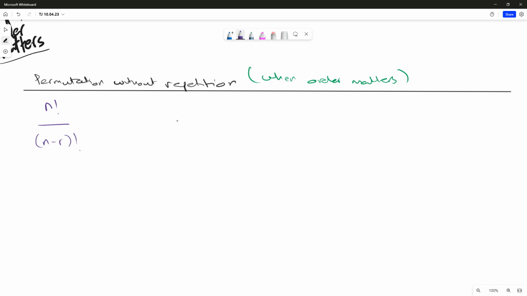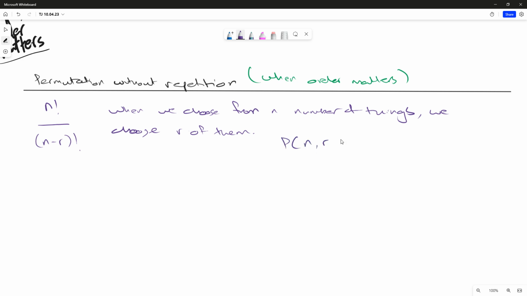What this actually means is that when we choose from n number of things, we choose r of them, so we end up showing that the permutation is given by nPr, or sometimes written like that, which is given by n factorial over n minus r factorial.